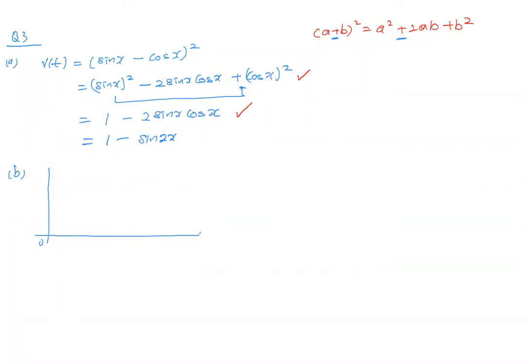Can someone tell me? VT, what is the maximum value? 2. Minimum is 0. Am I right? I start from here. Sin 2x, maximum is 1, minimum is -1. Negative sin 2x. Plus 1.